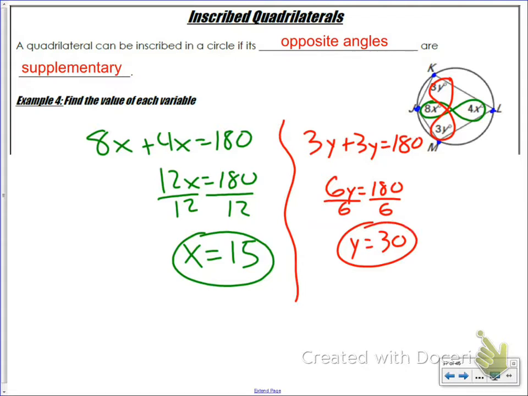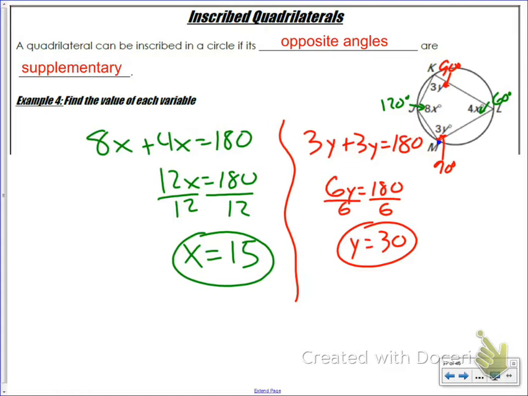Now, one way we could check our answer is to plug all these in and find the measures of all these angles. And we know that all quadrilaterals should add up to 360 degrees. So I plug in x equals 15. I get 120 degrees and 60 degrees for the measures of angles J and L. And if I plug in y equals 30 for K and M, I get 90 for each of those.